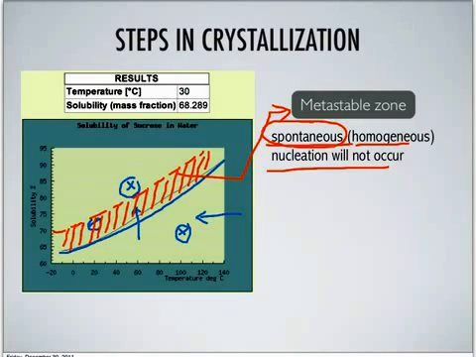If we add a seed crystal in the metastable zone, this seed crystal can grow. In other words, in the metastable zone we cannot get spontaneous nucleation, but if we add seed crystal, or if there is any dust or foreign particles, it can grow.